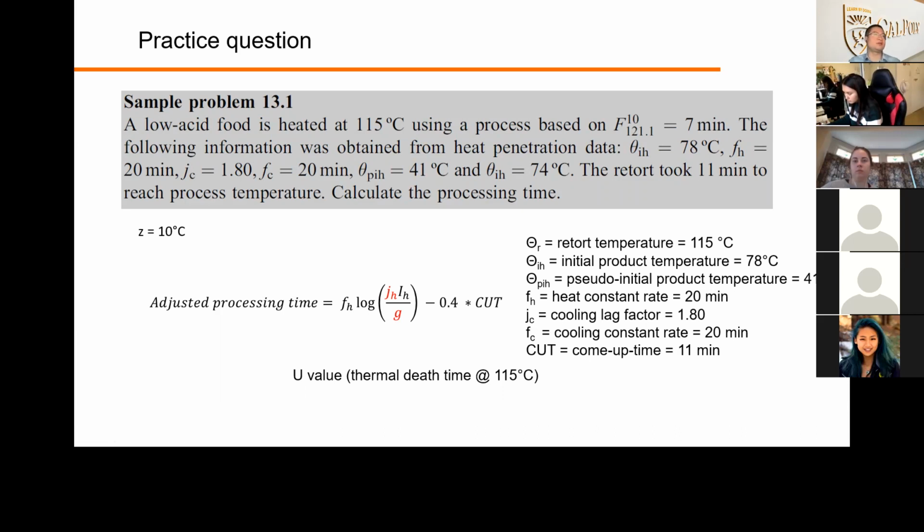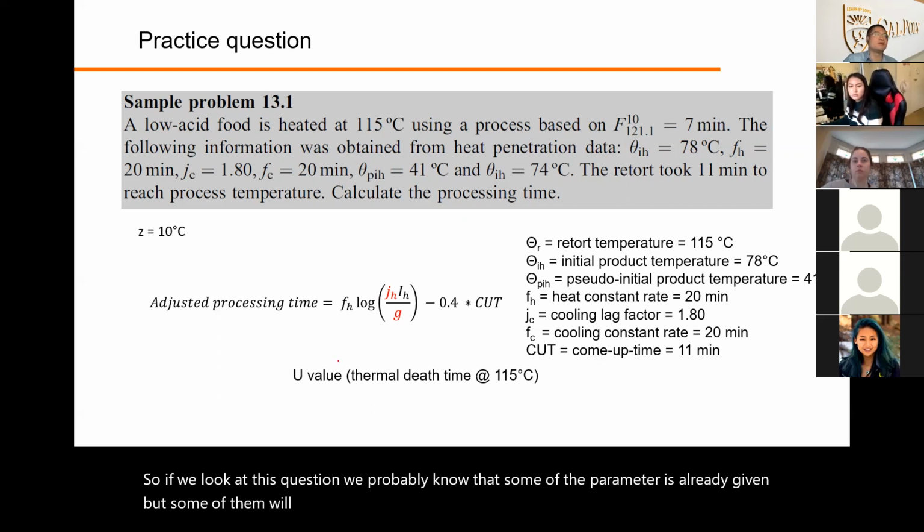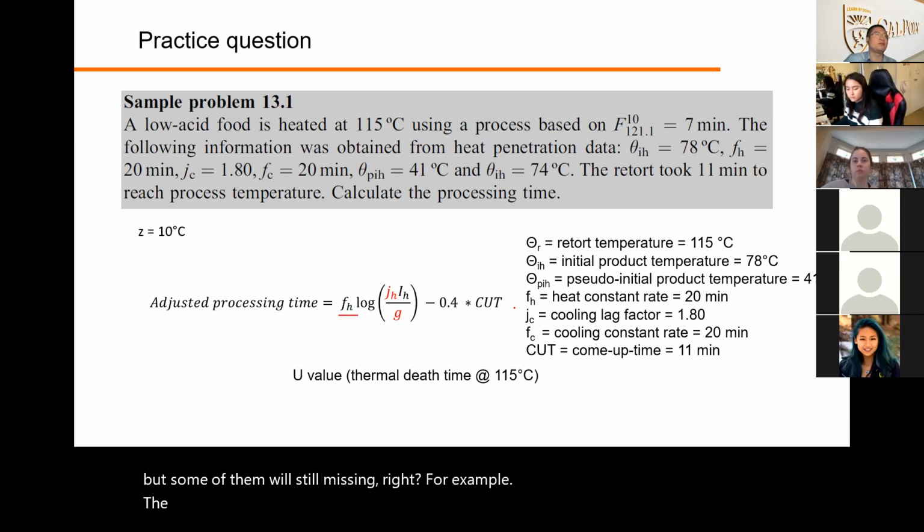Okay, so let's work on this together. If we look at this equation, we know that some of the parameters are already given, but some of them we're still missing, right? For example, the FH value is already given, right? It's 20 minutes.